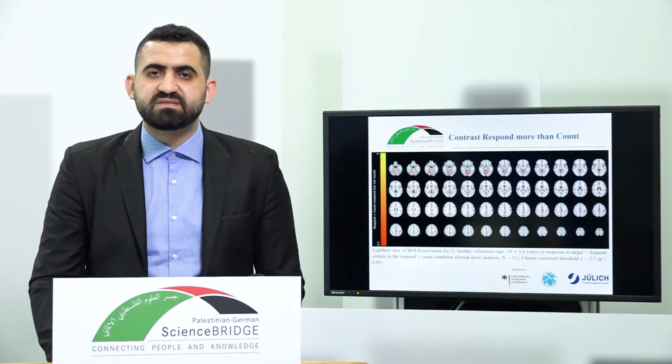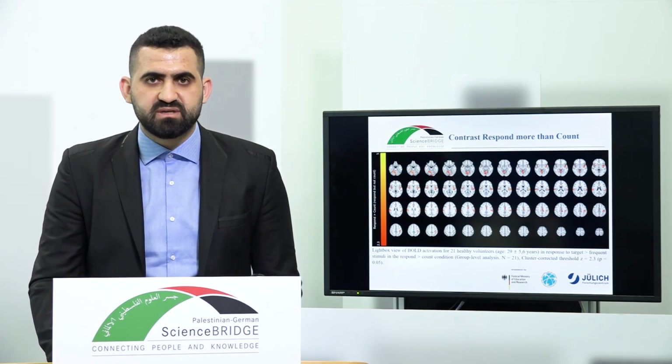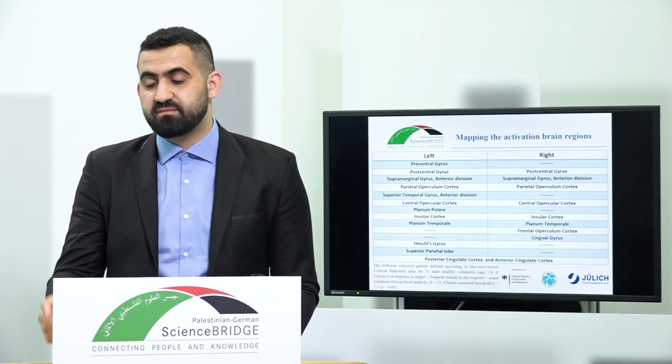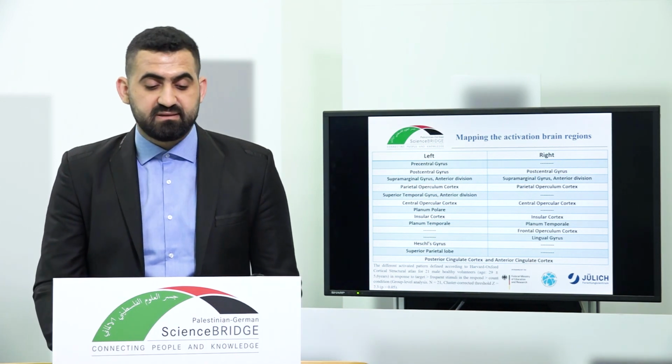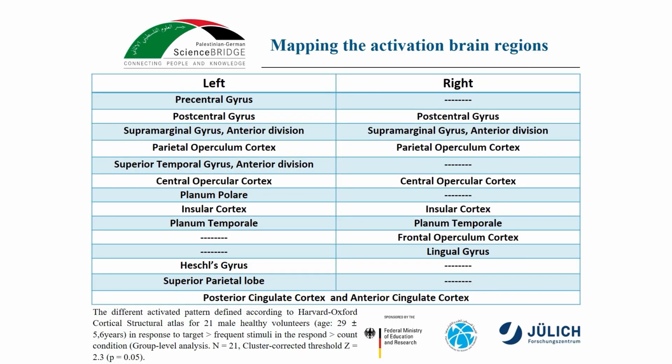So we used the Harvard-Oxford Cortical Atlas, then we got the regions that were activated. So for instance, in the left hemisphere of the brain, we got some activation in the pre and post central gyrus and in the insular cortex, and in the right side, we got some activation in the insular cortex and the post central gyrus.